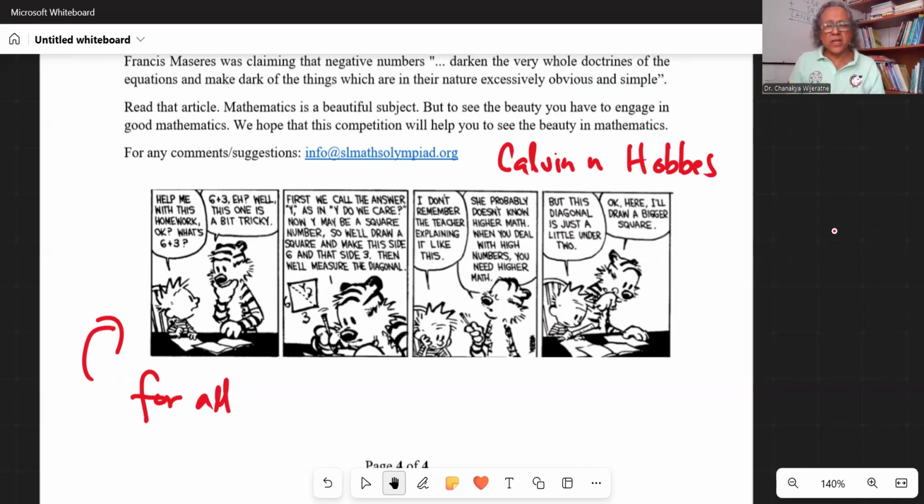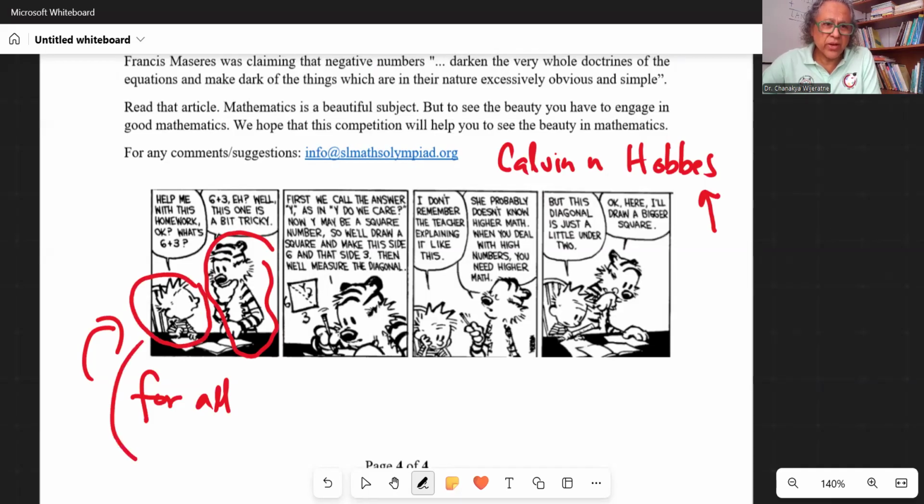Now, I say that we should be able to imagine. This tiger is Hobbes. His name is Hobbes. This tiger is Calvin's friend. That's Calvin. It is a stuffed tiger, but for Calvin, he's his imaginary friend. So it is not just a stuffed tiger like it is to others.